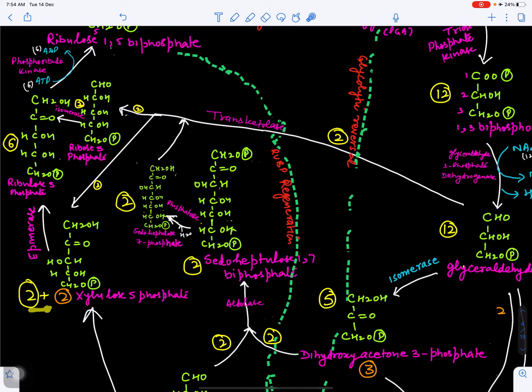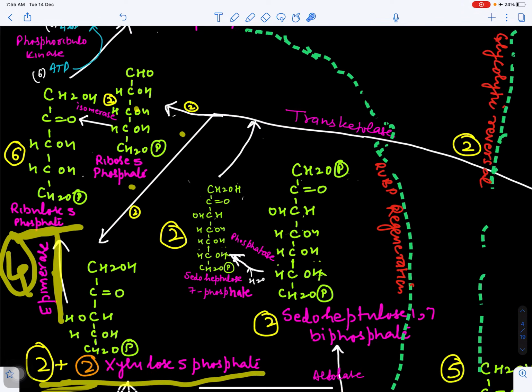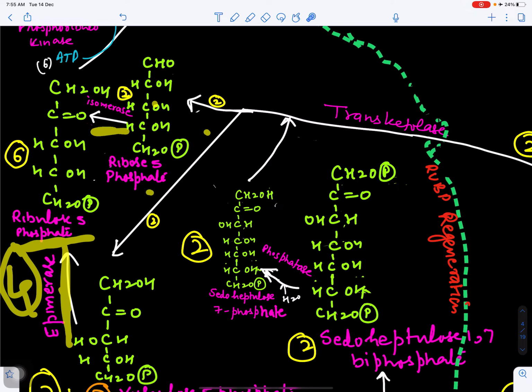Now these 4 molecules of xylulose 5-phosphate will undergo epimerization, and this will get converted to ribulose 5-phosphate, right? So from here 4 molecules of ribulose 5-phosphate are being epimerized, and here 2 molecules of ribose 5-phosphate will get isomerized. So 4 from here and 2 from there, total molecules will be 6 in number.